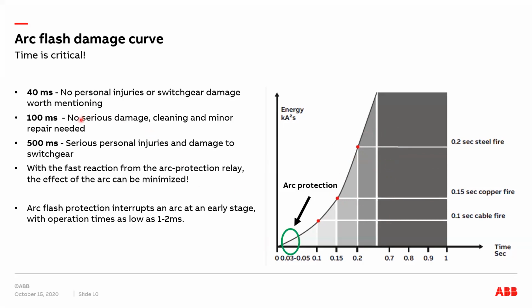So in short, if we are in the green area here where we are looking to be with arc protection, we will have limited personal injuries, and the switchgear damage is very, very little and not worth mentioning. So with arc flash protection, we reduce the risk of personal injuries, and the damage on the switchgear is significantly lowered.